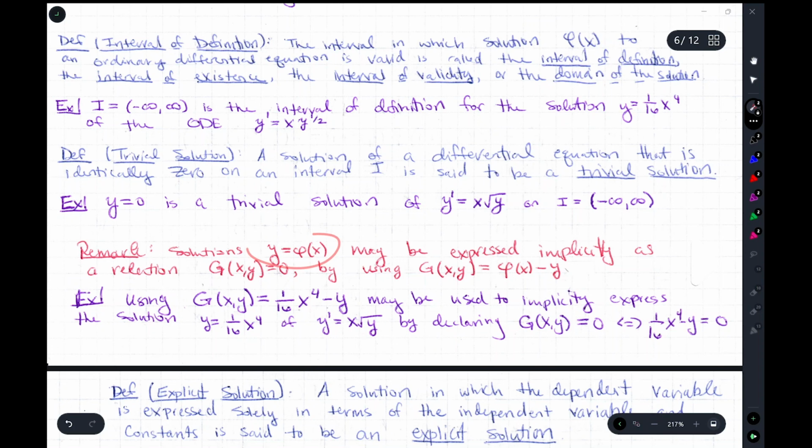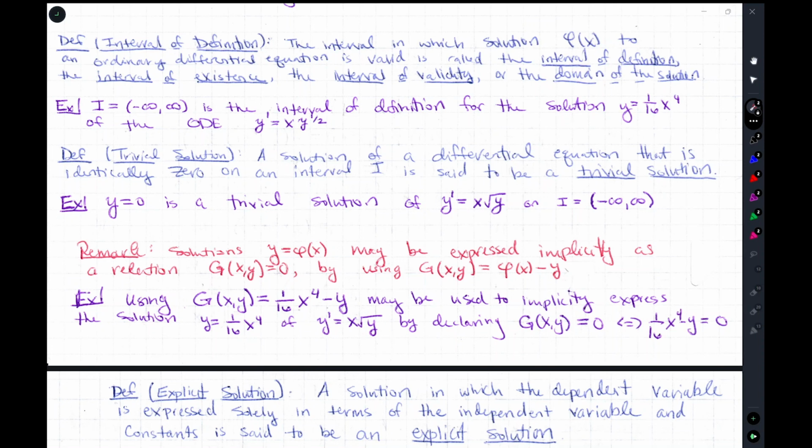Solutions, like y equals 5x, may be expressed implicitly as g of x, y equals 0. So the same way we expressed a differential equation implicitly, we could do the same thing with the solutions. For example, if you define the function g of x, y equal to phi of x minus y, or y minus phi of x, then setting that equal to 0 gives you your solution implicitly.